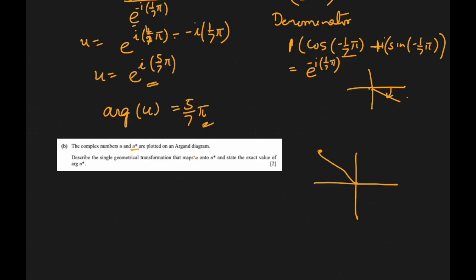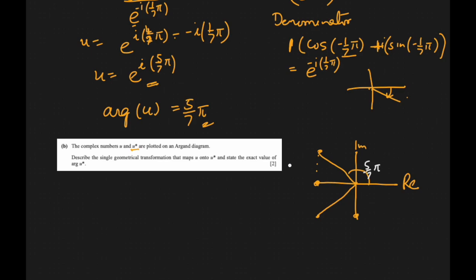If the conjugate is written, only the imaginary part changes its sign, real remains what it is. So whatever real is this one, imaginary is this one. This will be changing to its negative part here. So our final complex number will be somewhere here, and this is our 5 over 7 pi.